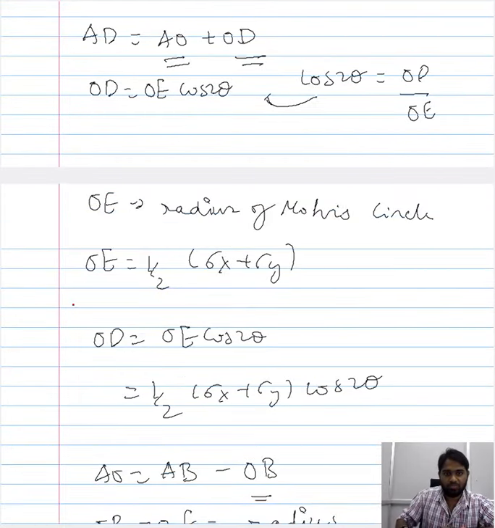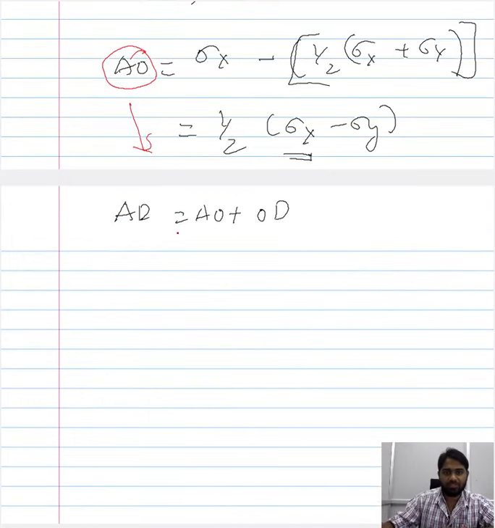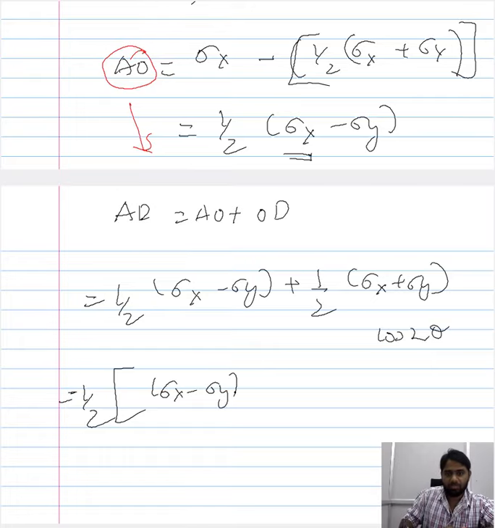So substituting those two here, you will arrive at an expression of the form 1 by 2 sigma x minus sigma y plus 1 by 2 sigma x plus sigma y cos 2 theta. If you take the 1 by 2 out, it will be 1 by 2 of sigma x minus sigma y plus sigma x plus sigma y cos 2 theta.